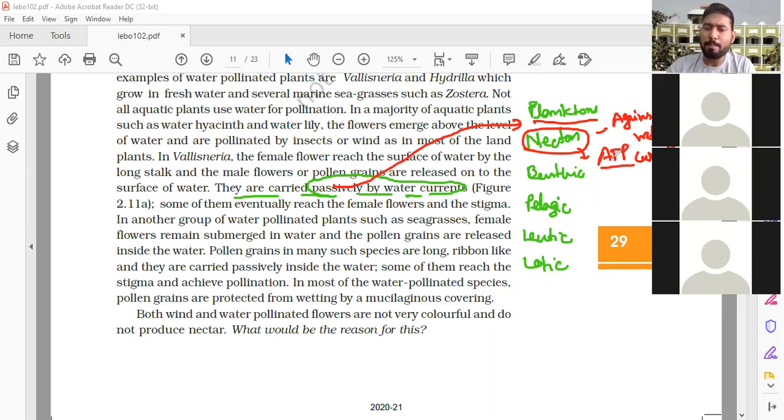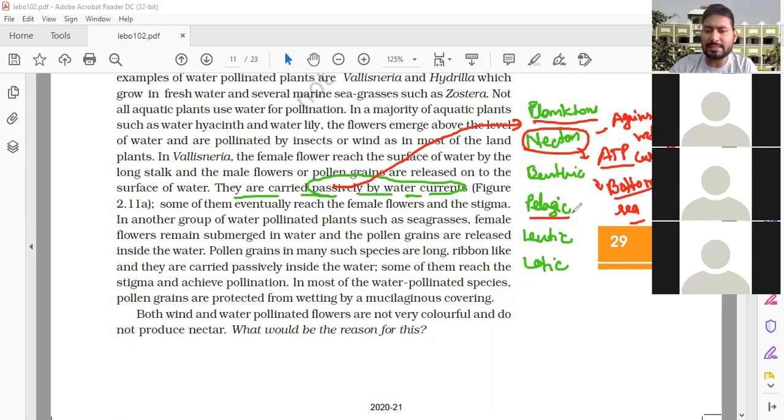Another is the benthic. Benthic means the animals or plants which are found at the bottom of the sea. Those which are found on the bottom of the sea are called benthic.